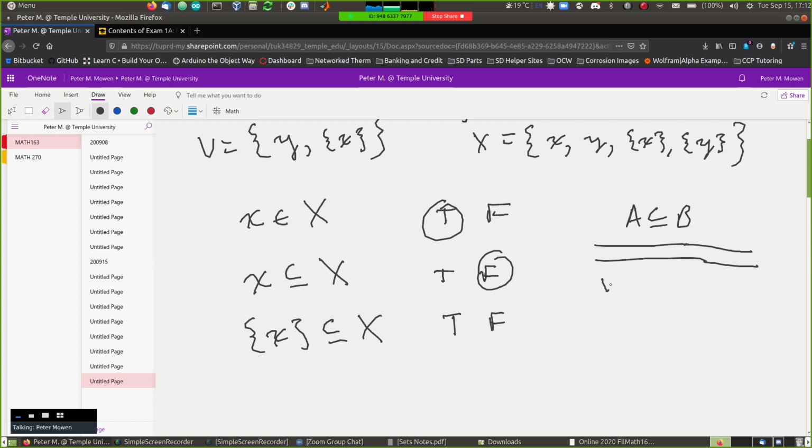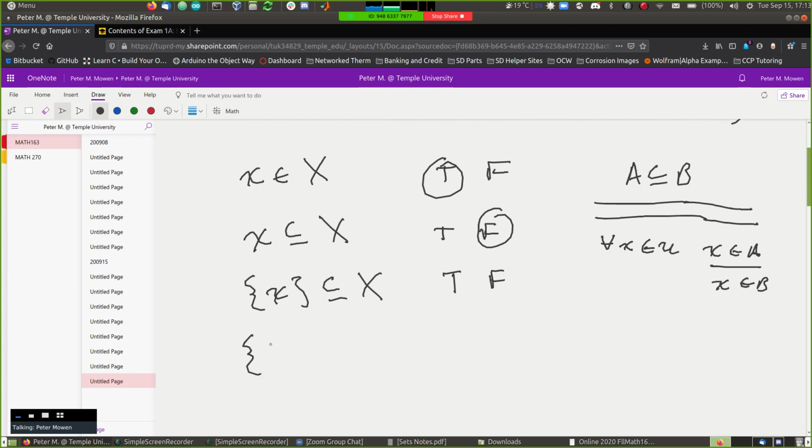So the definition in the packet is that A is a subset of B if for every x in the universe, x being a member of A implies that x is also a member of B. So if we consider this over here, our set A, what are the elements of our set A? Well, it just has one element, and that element is the number x. And that number also appears as an element in capital X.